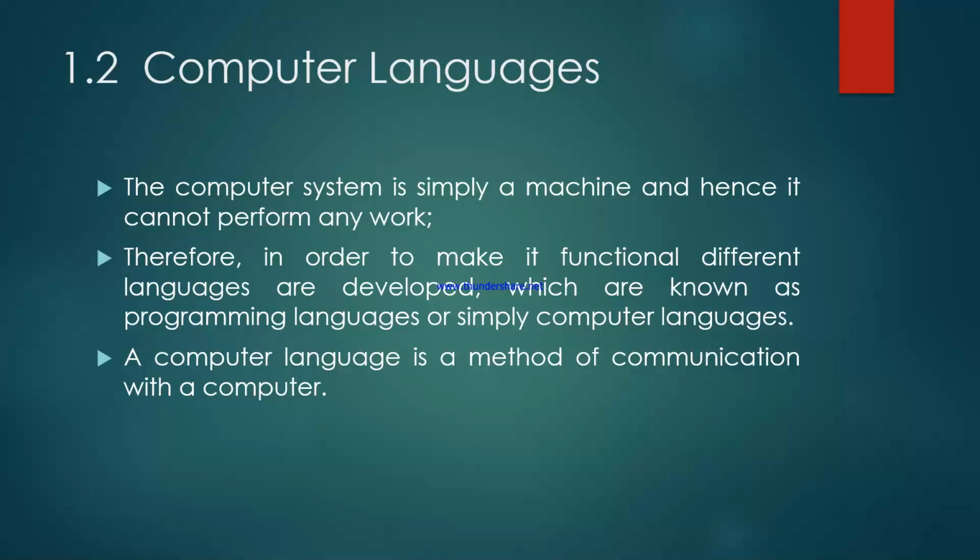But before discussing the computer languages, we have to understand what languages are in general. Language can be defined as the means of transferring or communicating ideas between two entities. But we know that the computer is a machine and it cannot perform any work without a language.